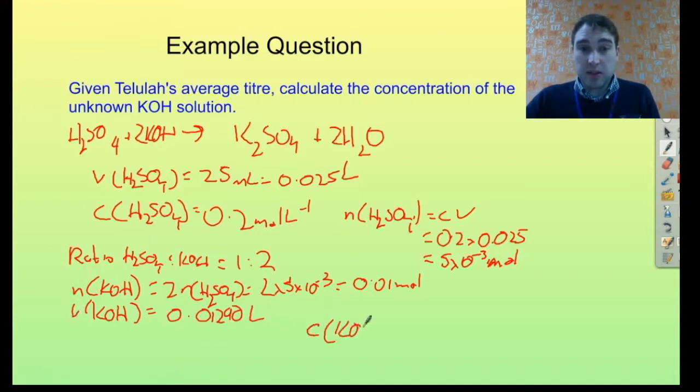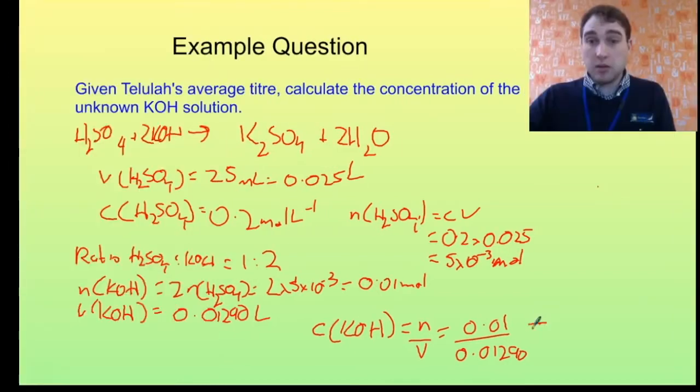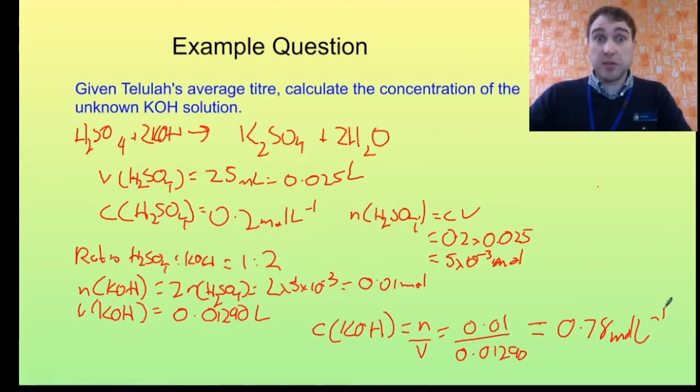So concentration of potassium hydroxide, C equals n on V, equals 0.01 divided by 0.01290, and I get 0.78 moles per litre, rounded to two significant figures. So today on Flipping Science we did some example titration questions.